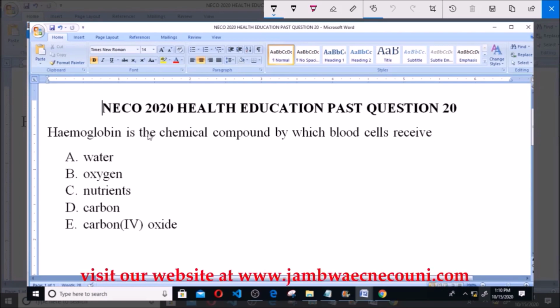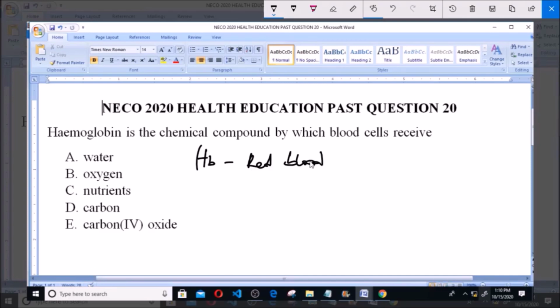Now, hemoglobin, Hb, is a chemical pigment that is found in the red blood cell, and this is why the color of the red blood cell is red. It is due to the presence of hemoglobin.